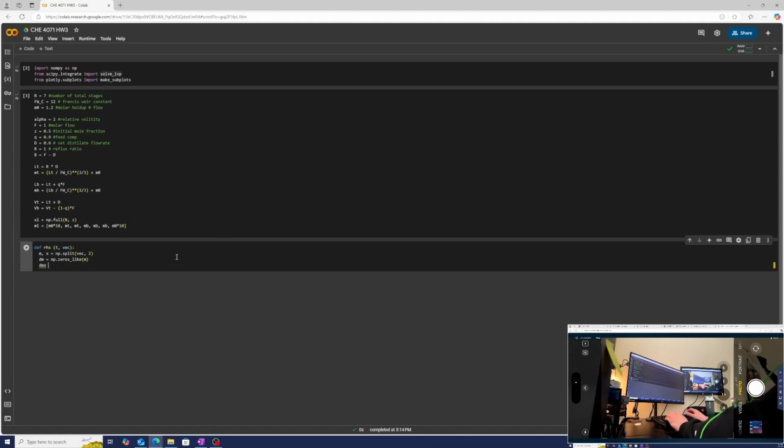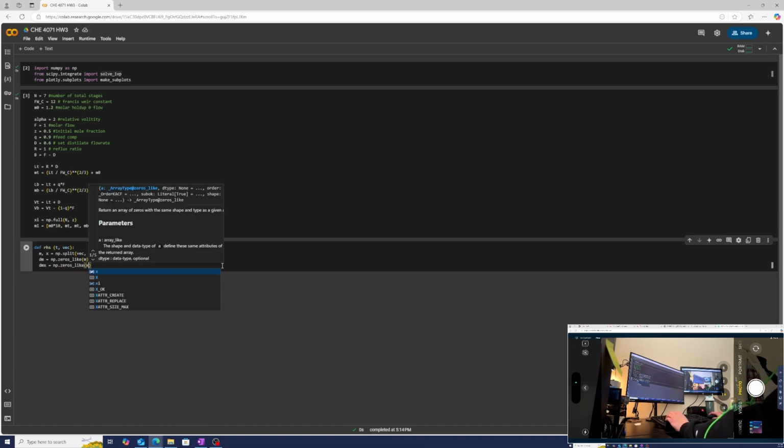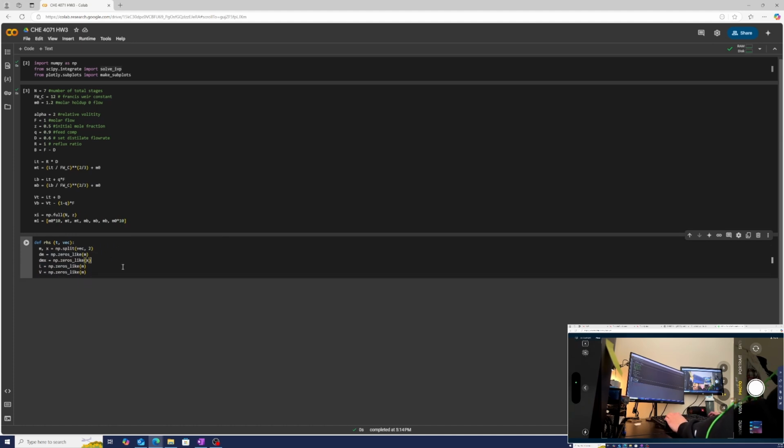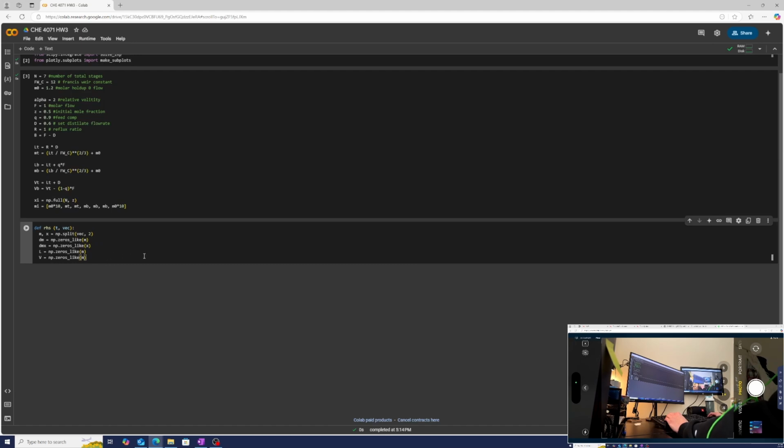Our dmx equals np.zeros_like x. We'll have our liquid equal to np.zeros_like m, and then our vapors will be zeros_like m once again. Now we should have everything we need for our initial arrays of each of these.